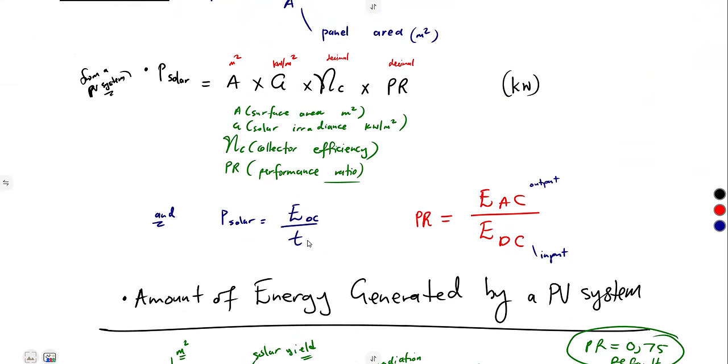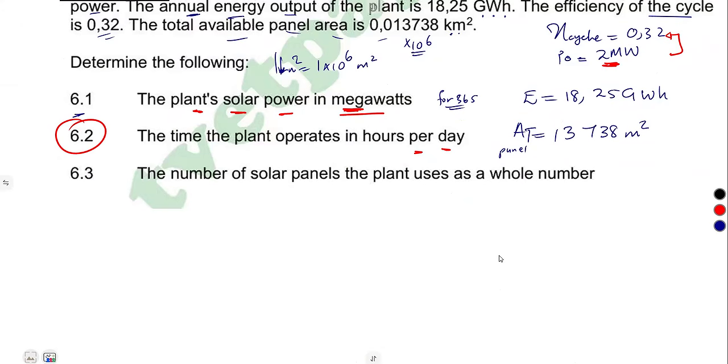So you can have the time from there. Because here we calculated the power of the solar, 6,25 megawatts.